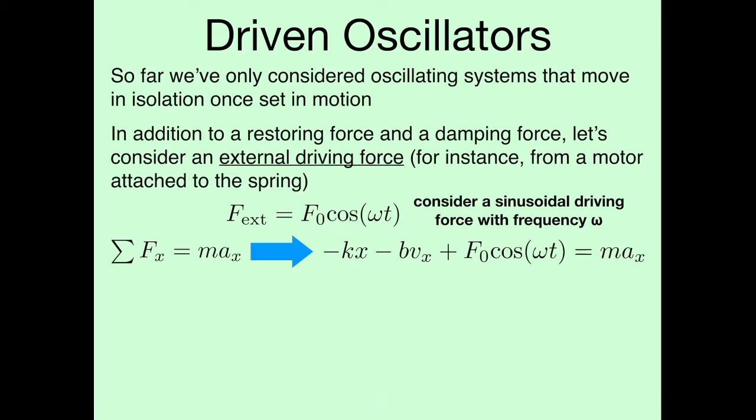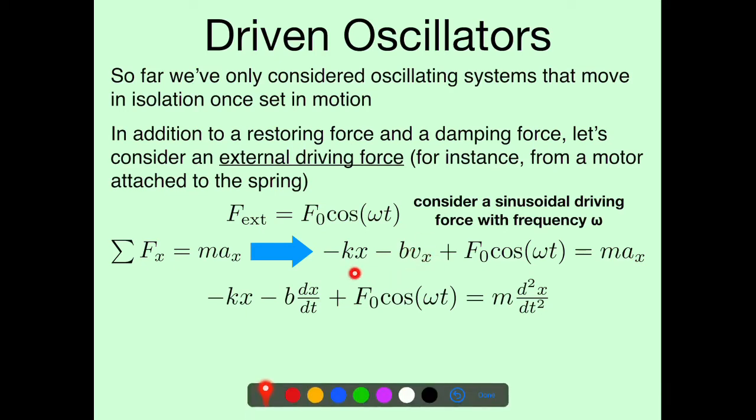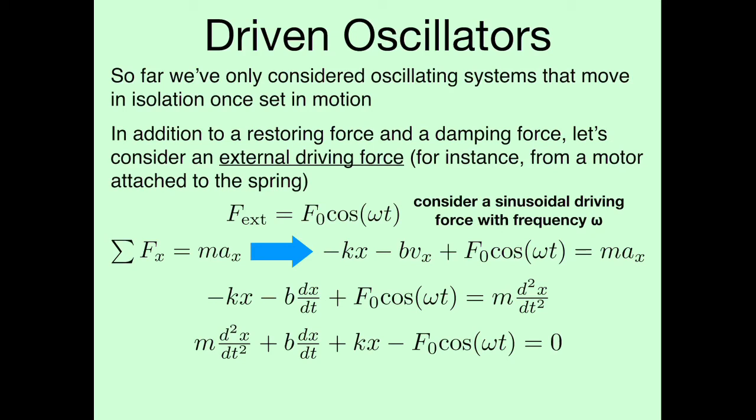Just like before, we'll remember that the velocity is the first derivative of x with respect to time, and the acceleration is the second derivative of x with respect to time. So we'll make those two substitutions. And then to write this in the standard form, we're going to take all these terms on the left-hand side and move them over to the right-hand side.